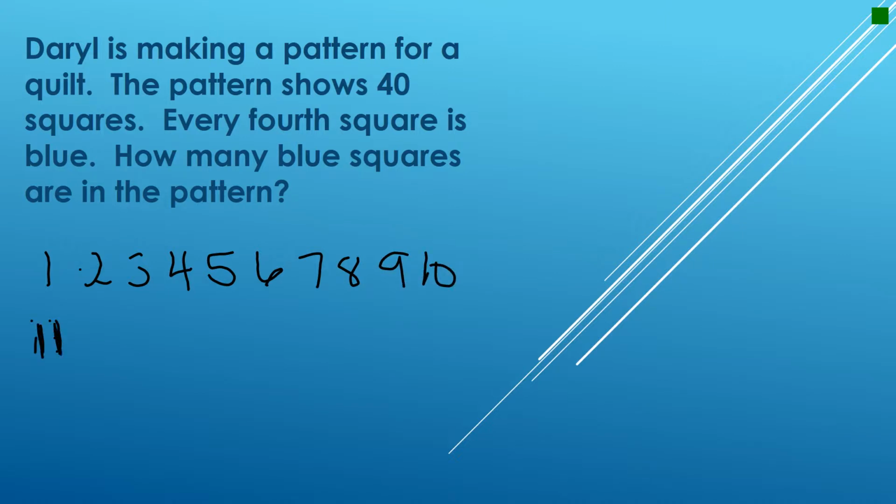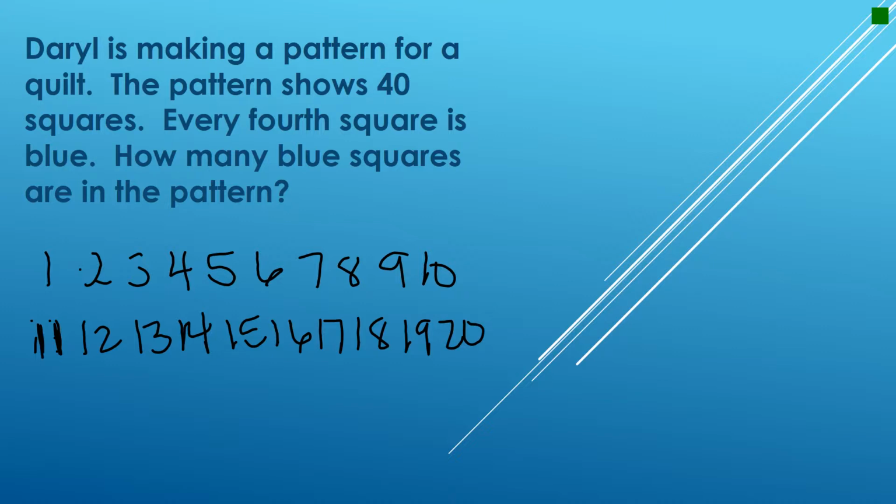So I'm basically writing the numbers 1 through 40. So I saw some people do it like this, and then some other people drew 40 squares. That's pretty much the same thing because you're drawing it out.